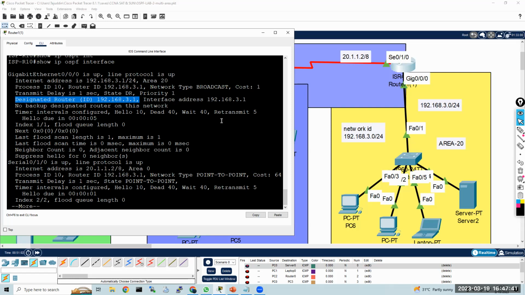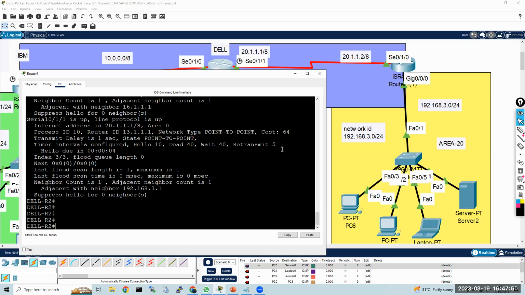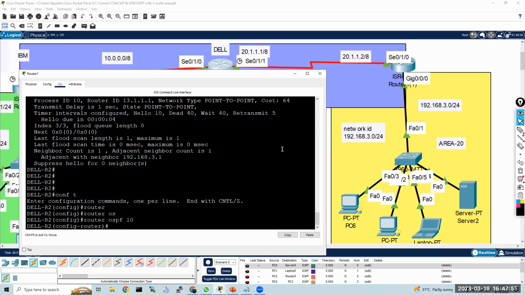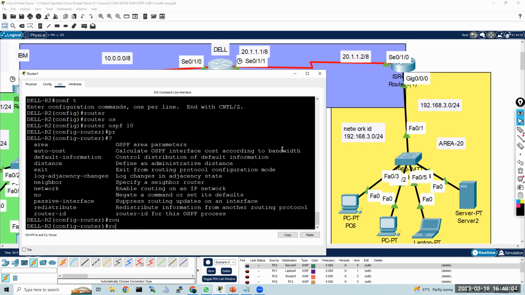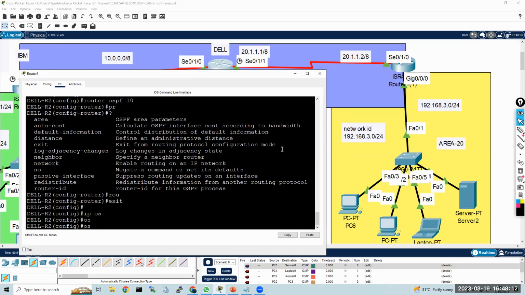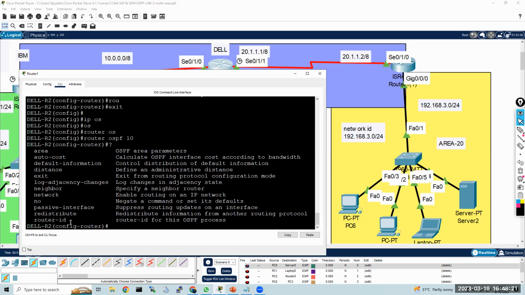Then how do you check which is a DR and BDR? Let's say I want to make these guys a DR and BDR. How can I do that? Router OSPF 10. I think priority is not working here. Let's see, router ID you can give. Already this guy's router ID he has taken automatically. Router OSPF 10, give the question mark: passive interface, redistribution, router ID, network.